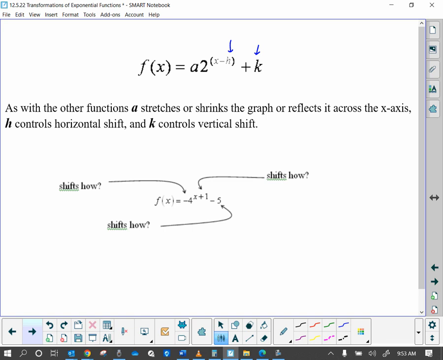Okay, so let's do an example. We have 3 things going on here. The negative in front, how does that change the graph? Reflection across the x-axis.